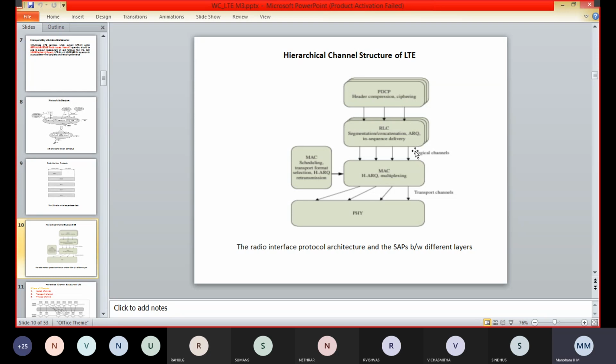The first one is the logical control channels and the second is the logical traffic channels. The logical control channels are used to transfer control plane information, which include the following types.